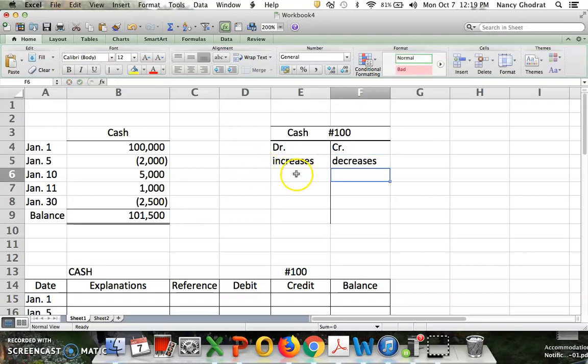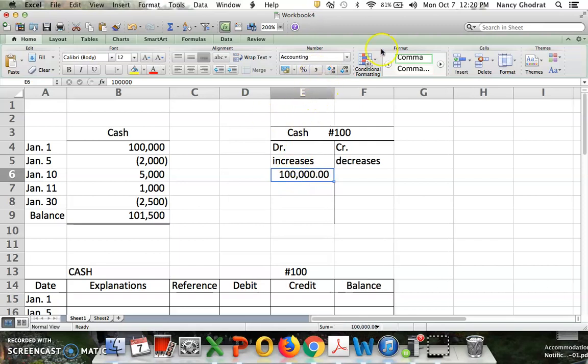So if that's the case, then I can say my $100,000, because it's positive, should be sitting on the left side or debit side, and the negative numbers or the decreases should be sitting on the credit side.